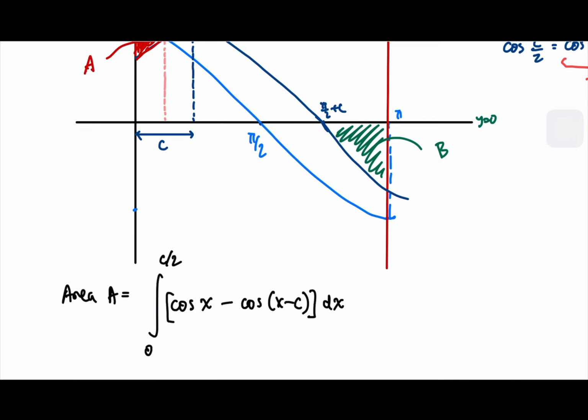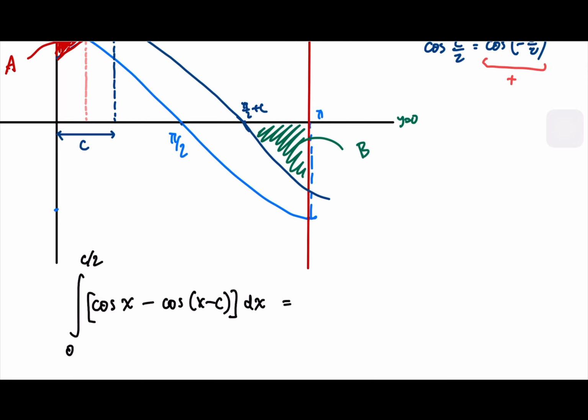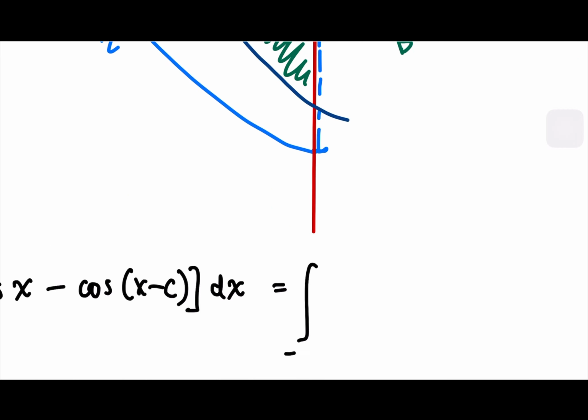And area B should be equal to area A. Area B will be from pi over 2 plus c, which we need to evaluate until pi.